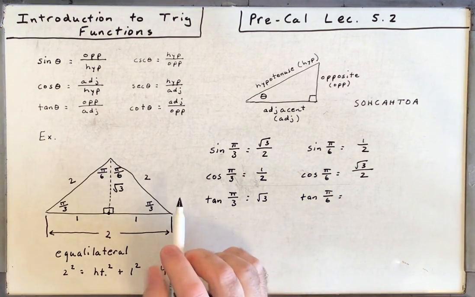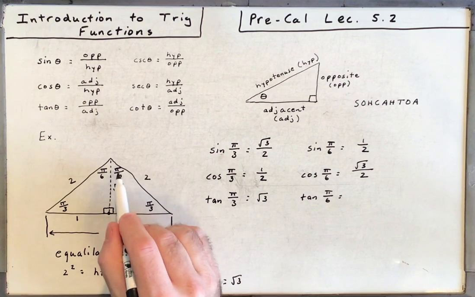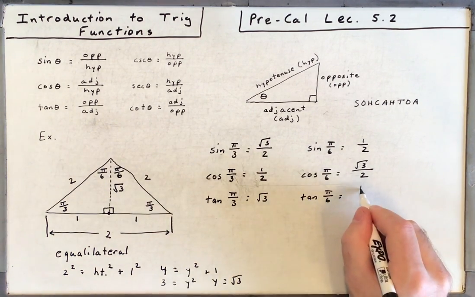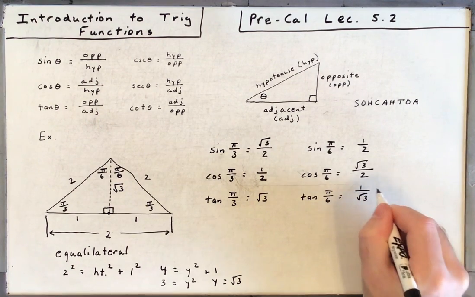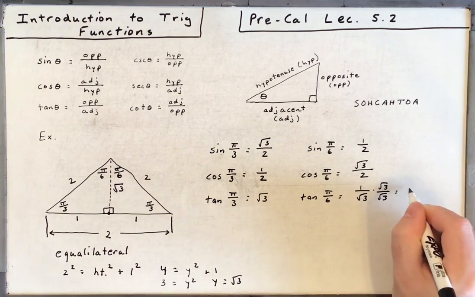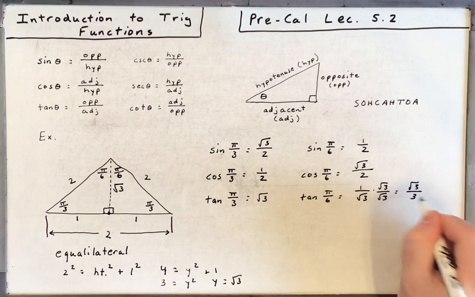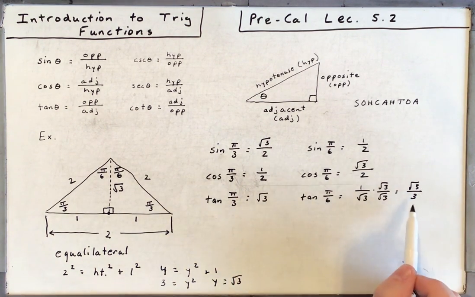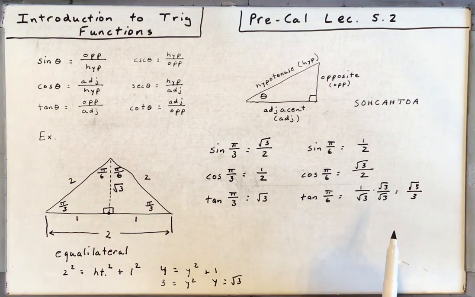The tangent of pi over 6 is opposite 1 over adjacent root 3. If we rationalize that, that's going to be root 3 over 3. You may want to memorize that tangent of pi over 3 is root 3 and tangent of pi over 6 is root 3 over 3, or it'll cause you more work.